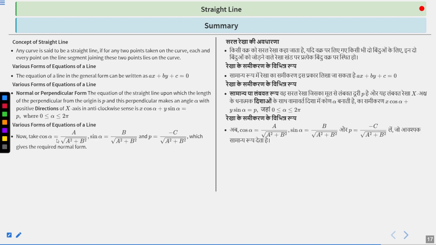And here cos alpha is basically a upon root over a square plus b square, sin alpha is b upon root over a square plus b square, and p is negative c upon root over a square plus b square. Clear?